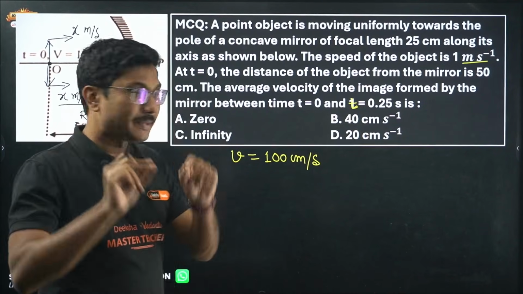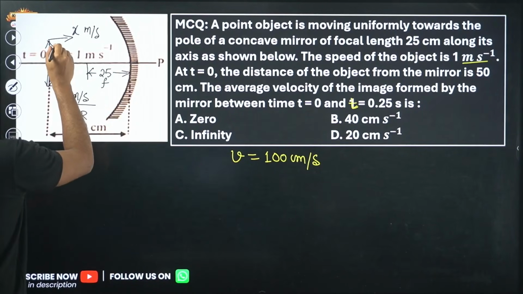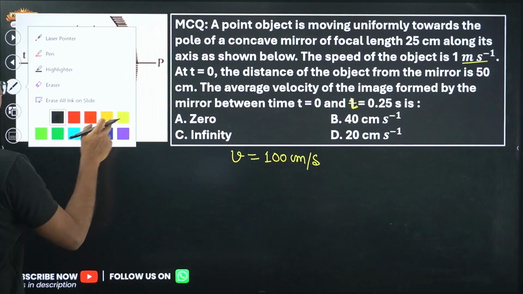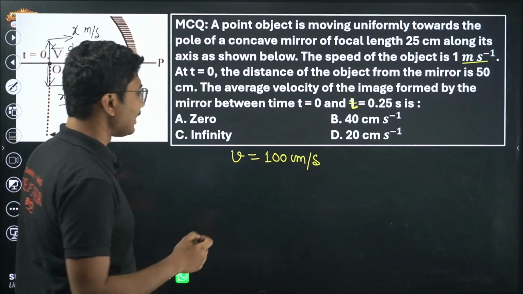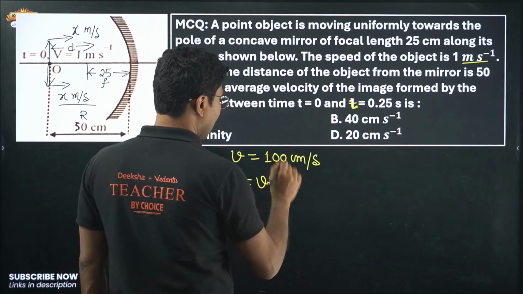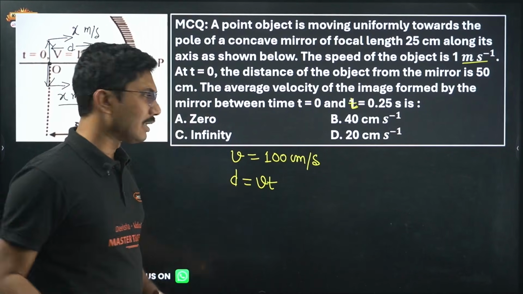What is the displacement? Suppose the displacement of the object is given by d. Then d equals vt, so simple, very simple calculation.